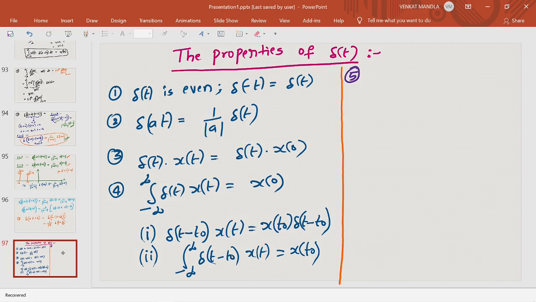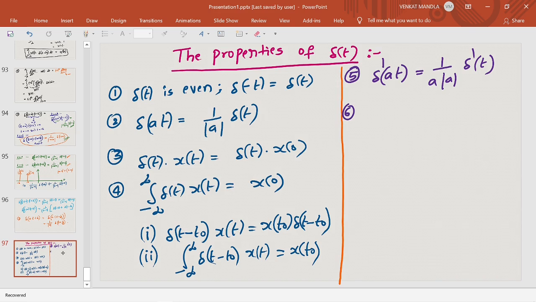This fifth one, del dash of at equals 1 by a into mod a into del dash of t.